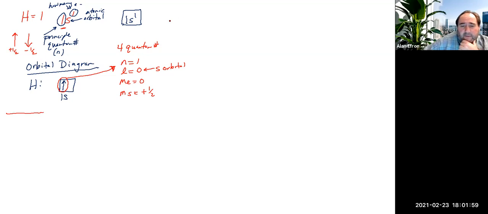For the spin quantum number, there's really only two possible values it could be. It could either be plus a half or minus 1/2. By representation, when we put electrons into the orbitals, the first one is always represented by going upwards. That first electron, in that upward direction of the arrow, is always represented by plus a half. And the second electron that goes in that same orbital will always go in the opposite direction, as we talked about.